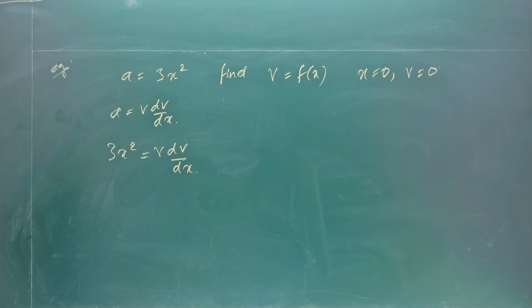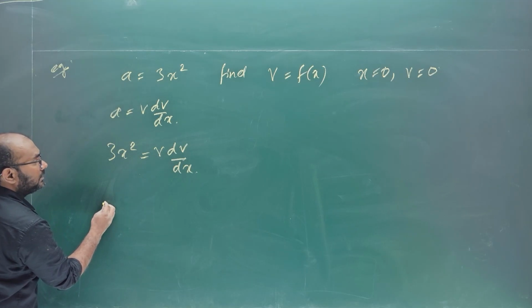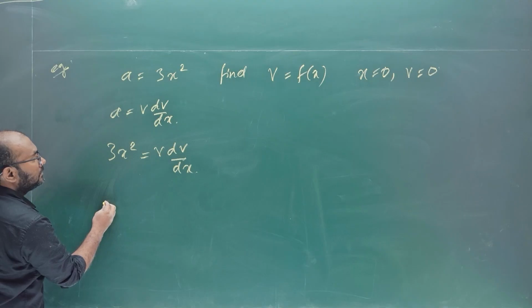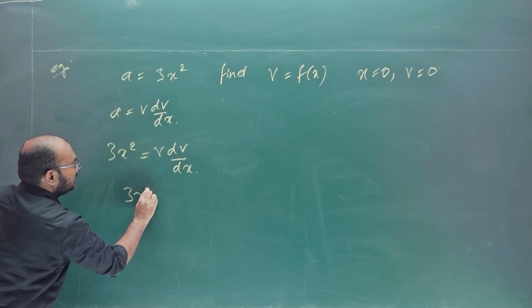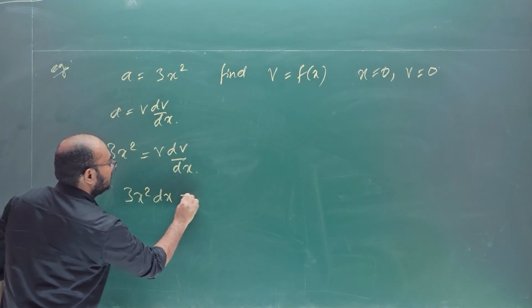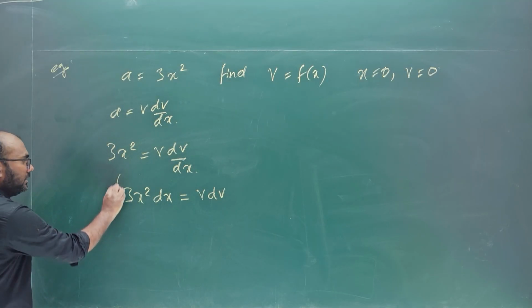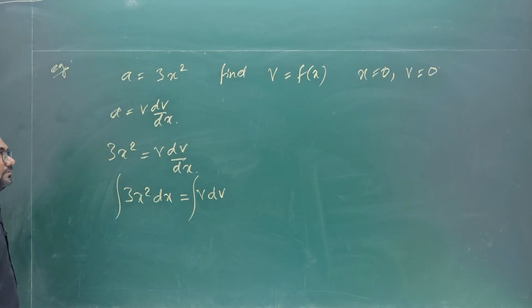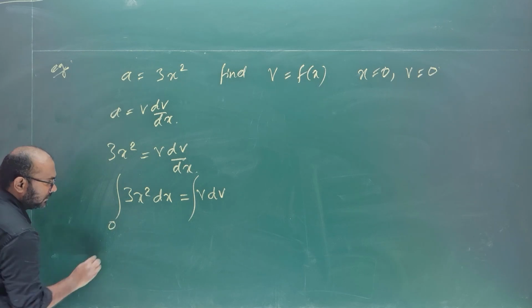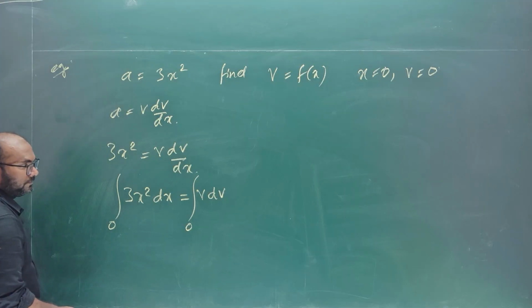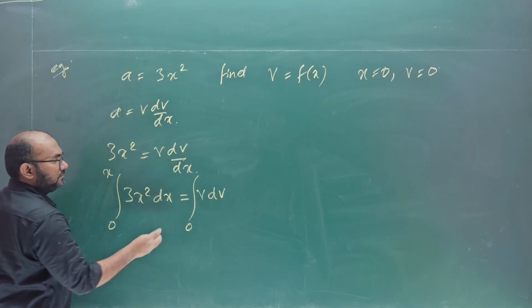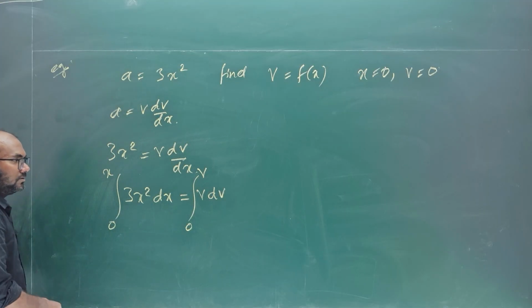Now this can be written as 3x square dx equals v dv. Okay, integrating this and this. At x equals 0, v is how much? 0. At x equals x, we don't know v. So all we need to find is that v.